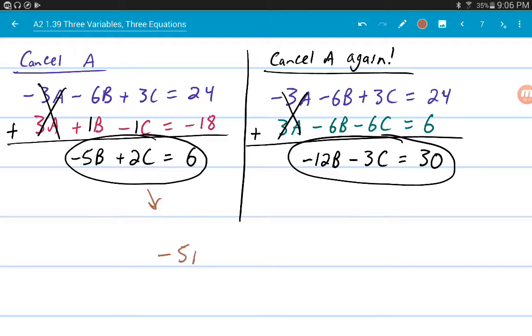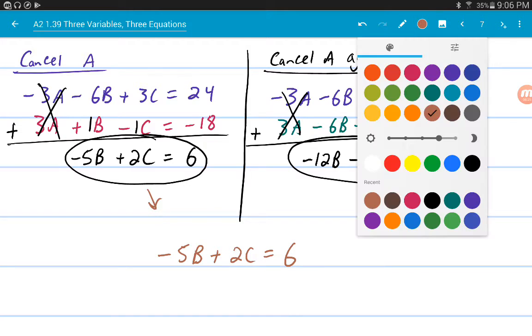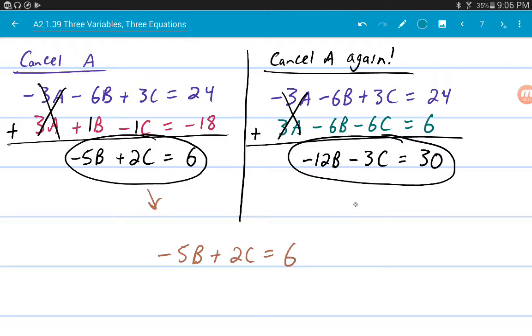Negative 5b plus 2c equals 6. And I'll do this one in turquoise. Negative 12b minus 3c equals 30.